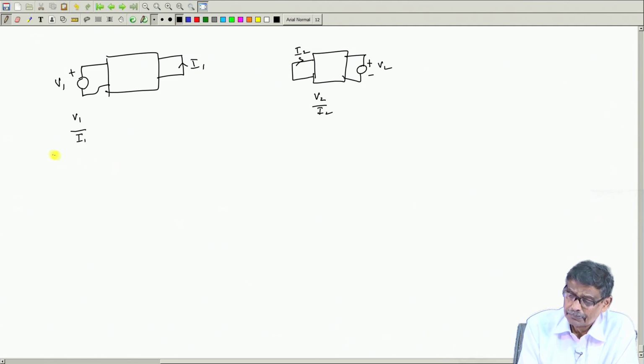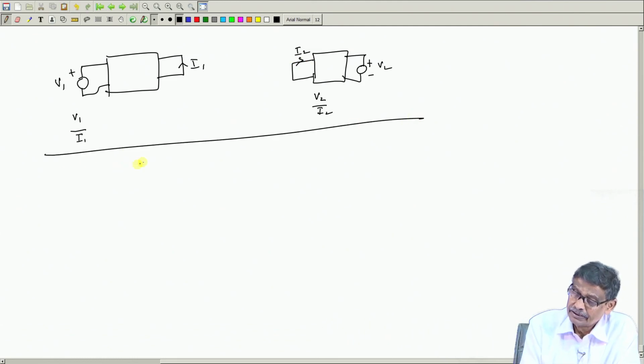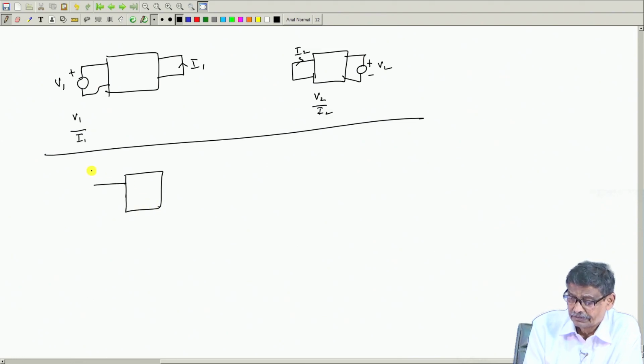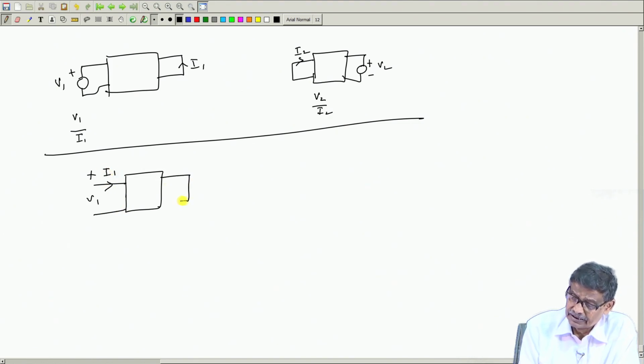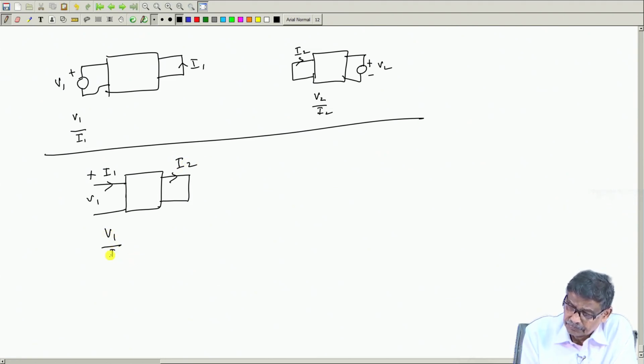In case of ABCD parameters, what has happened is, if somebody says that this is V1, this is I1, and somebody says that I2 I will take like this, calculate V1 by I2 of this.